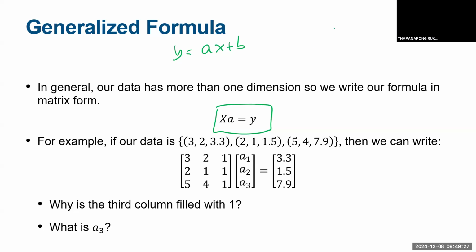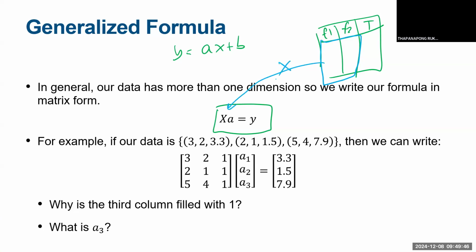So if our data has maybe feature 1, feature 2, and then we have the target, all these numbers here are going to form X. That's going to be your data matrix. And y would be just the target.